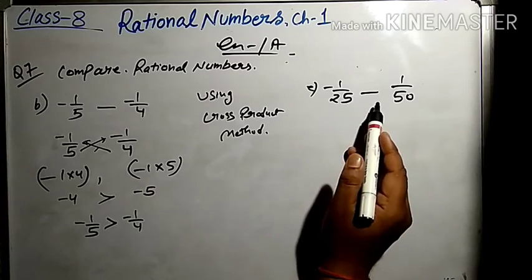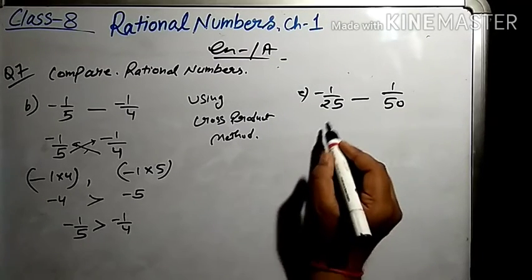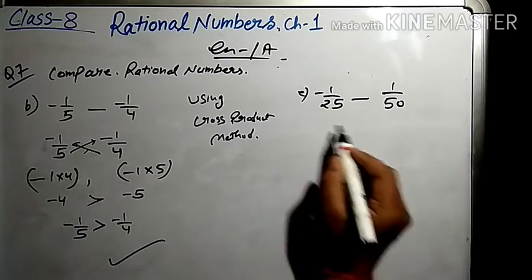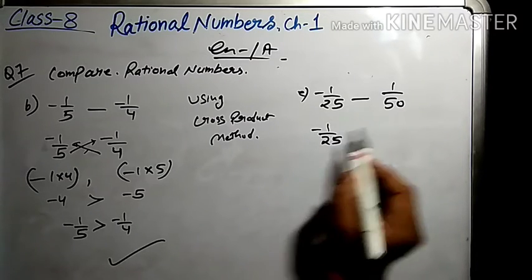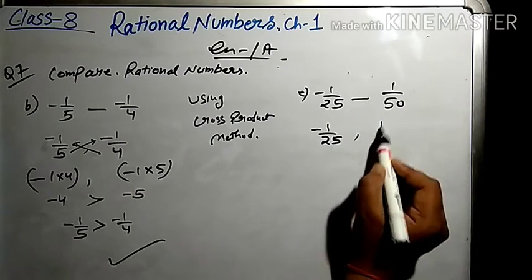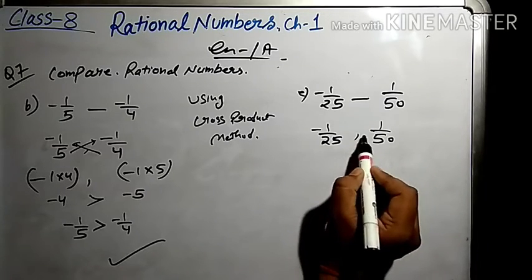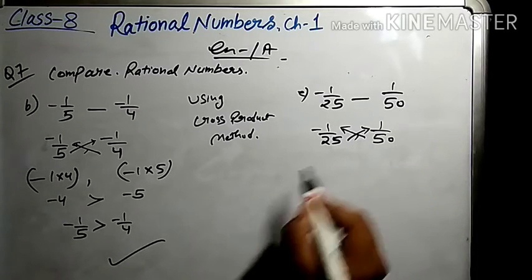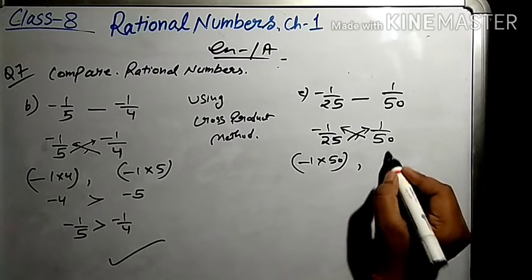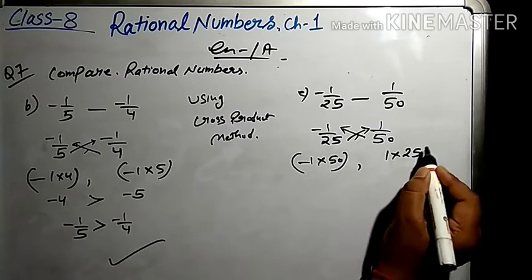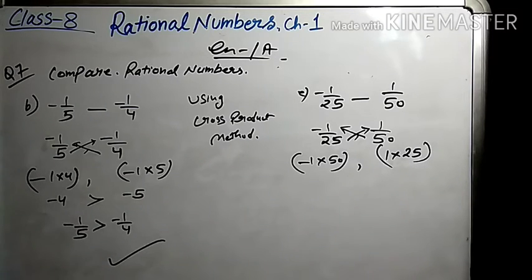Similarly, if we come over here also we will do the same method. This is correct. Now over here again I will write in a proper way, so that you should not make silly mistakes when you are doing the calculation. Here also minus 1 into 50, and over here it comes to plus 1 into 25.